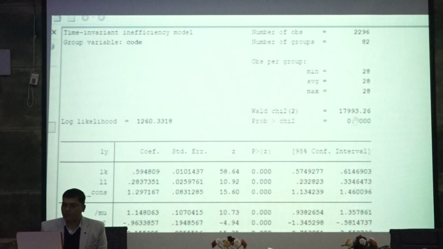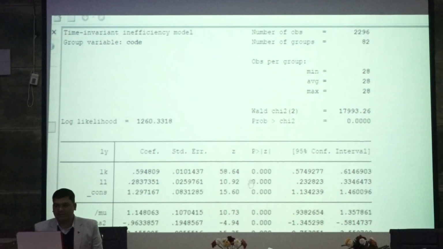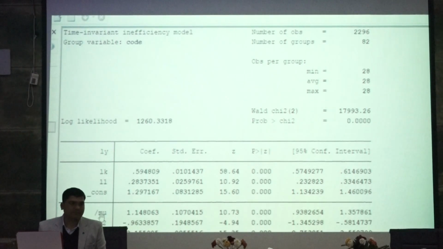And this is the overall fitness of the model. And these are the independent variables having impact on the dependent variable. Then you can check whether it is significant or not. The first variable is significant, the second is also significant, and the constant is also significant, and this mu is the inefficiency term.